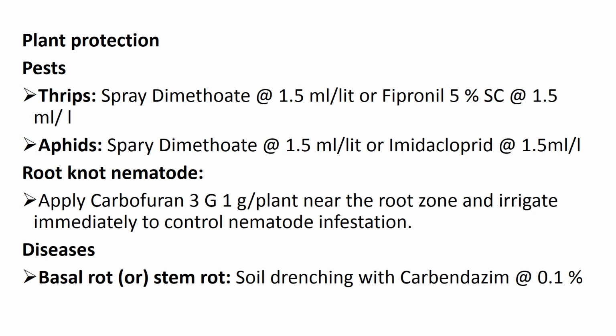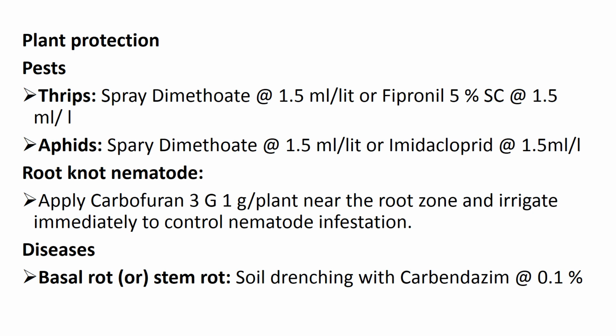Here one new thing is there, root knot nematode. Root knot nematode is a Meloidogyne species nematode. So you should remember the scientific name of root knot nematode, that is Meloidogyne species. And root knot nematode is generally seen in hot climate, and it is rare in temperate climate.